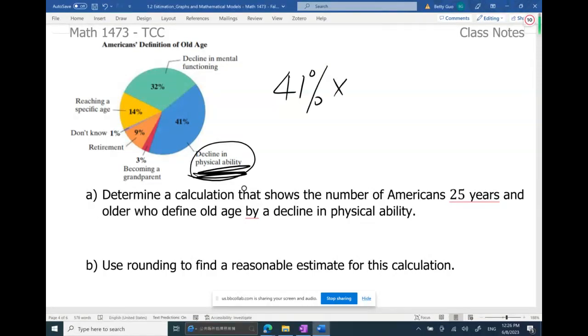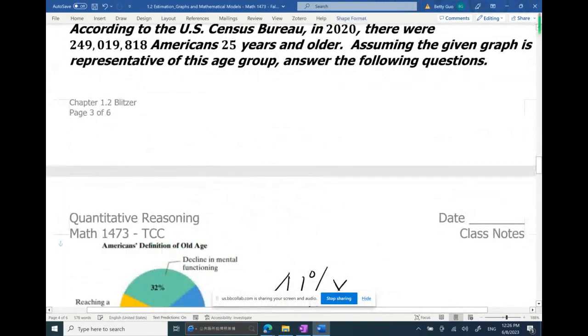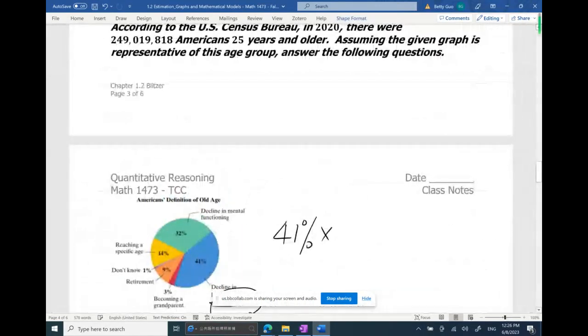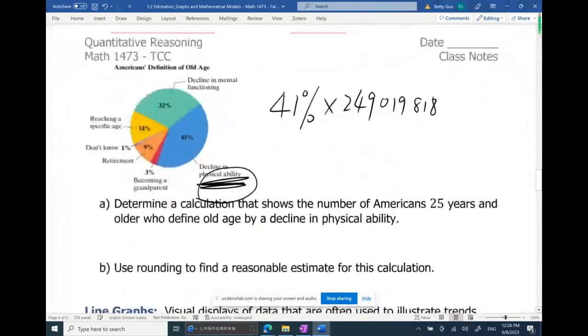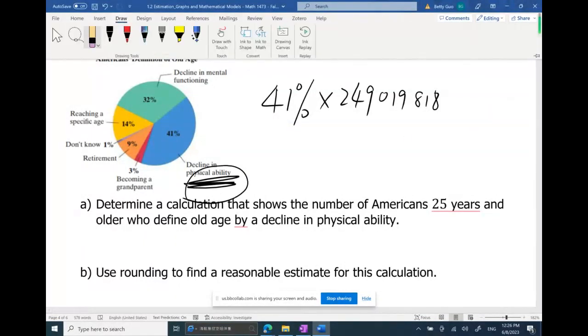We should use 41% to multiply by the population, right? What is the value of the population? 249,019,818. So to find a calculation that could give us the number of Americans 25 years and older who define old age by decline in physical ability, that's the formula. Okay.